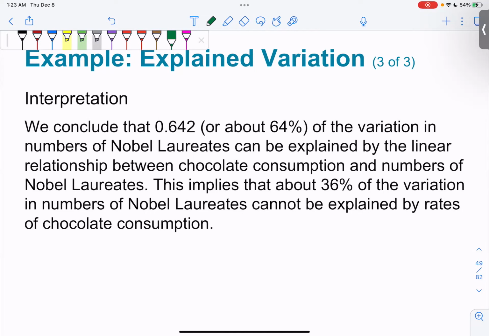Correlation does not mean causation, but here we calculate this value, so we can say about 64% of the variation in the number of Nobel prizes can be explained using the linear relationship between chocolate consumption and the number of Nobel prizes.